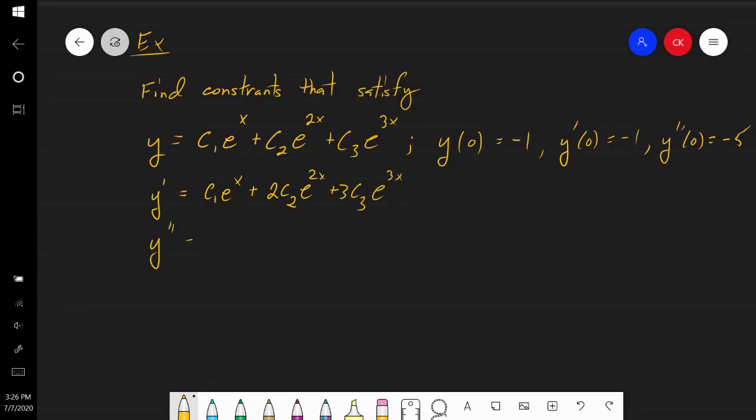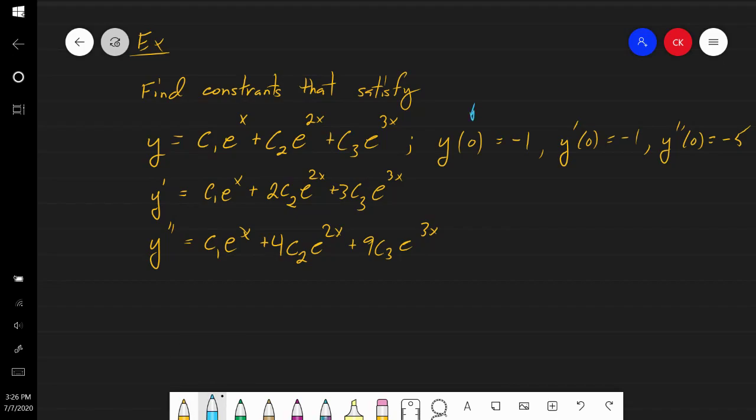And y double prime then is c1 e to the x plus 4c2 e to the 2x plus 9c3 e to the 3x.